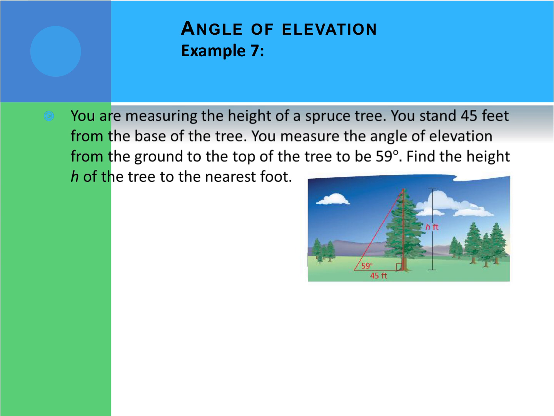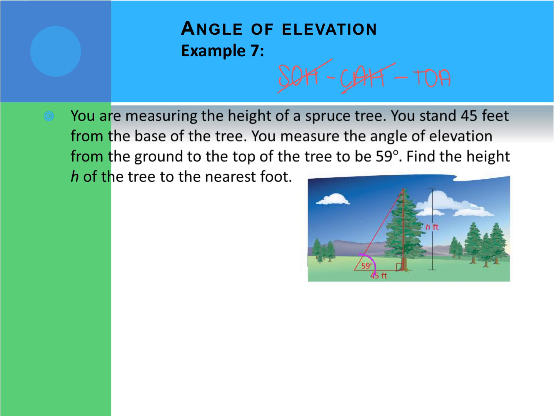So, again, I'm going to write my SOHCAHTOA to see which one I'm using. They're not giving me my hypotenuse, so I'm not using sine or cosine, I'm going to use tangent. Are they giving me my angle? Yes, my angle is 59, which is right here.